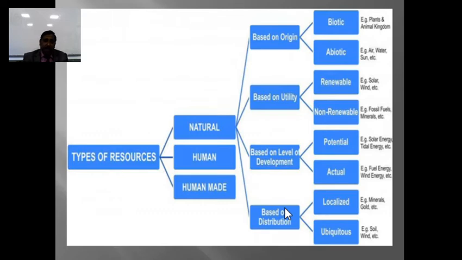Non-renewable resources are conventional sources of resources which we have been using traditionally since a long time. Examples: fossil fuels, minerals, like coal, petroleum. And due to the continuous use of these resources, one day these resources are going to finish.